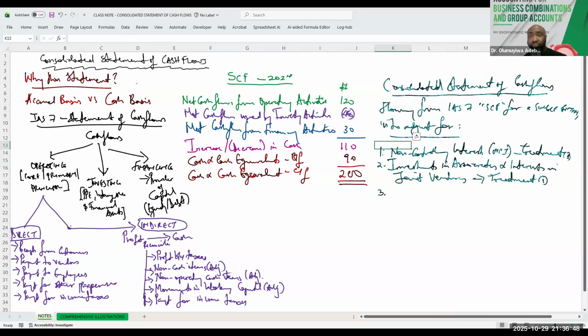Third, we need to deal with impacts of acquisition of a new subsidiary in a year. What form of treatment are we going to give to it?